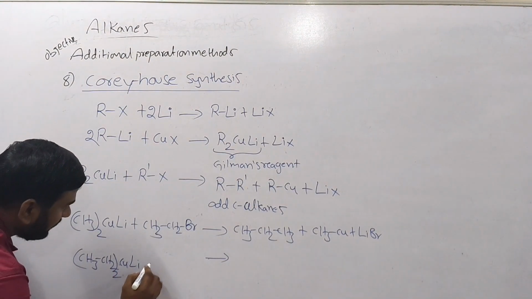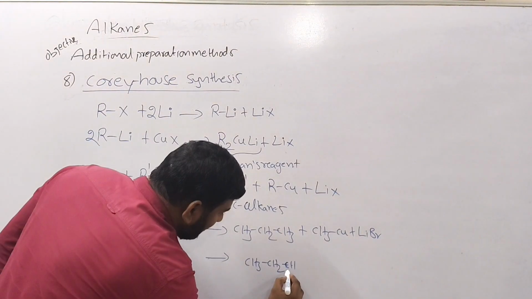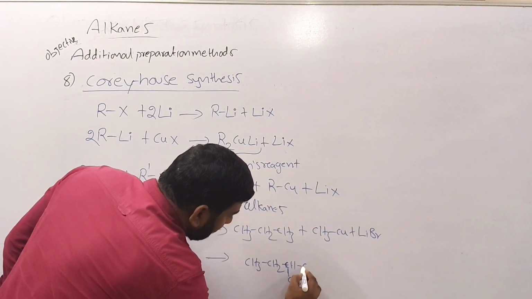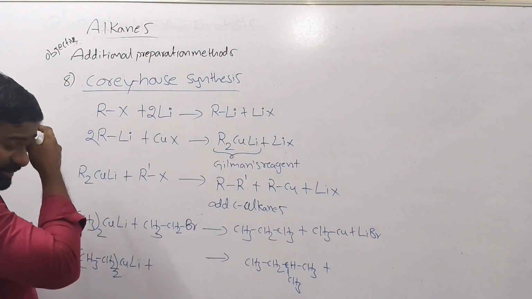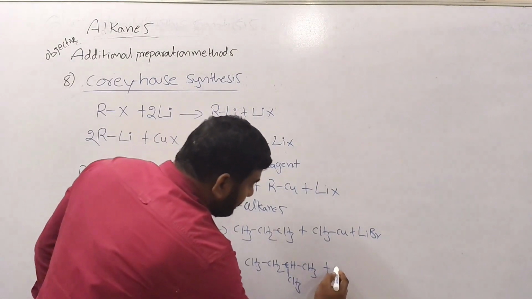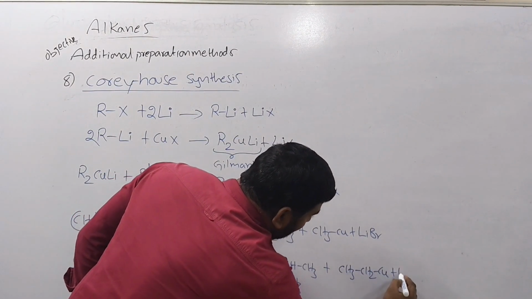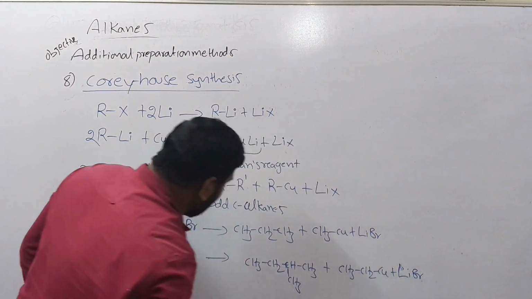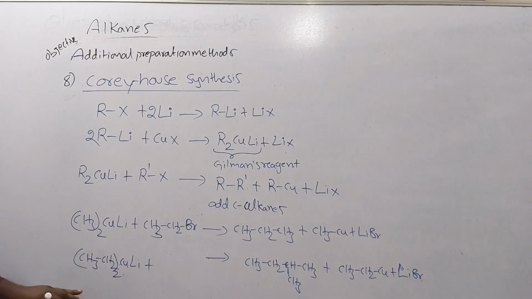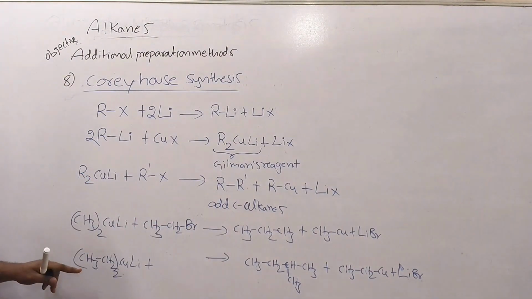Here which alkyl halide are you to take to get 2-methyl butane? Sometimes a question like this they will give. So to get 2-methyl butane from the diethyl copper lithium, which alkyl halide do you have to take?